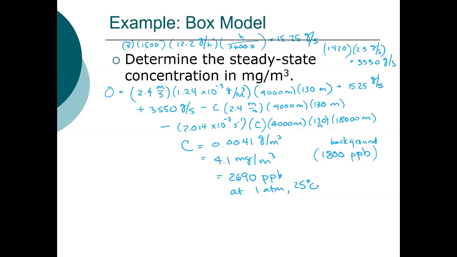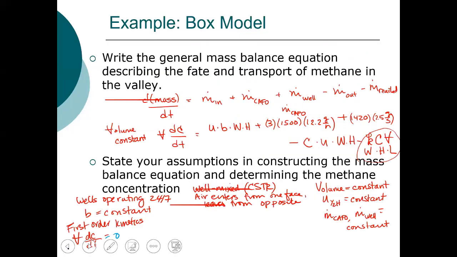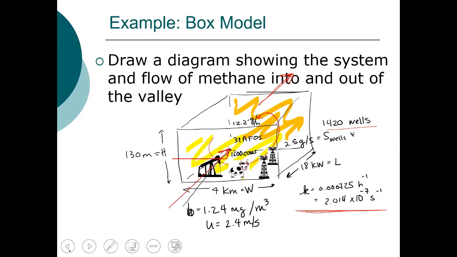Could you touch back on the mass balance part of like the volume being constant? Yes. Okay, so let's just go back here. So this is our box model. We are assuming that we have an inversion layer, and we're going to assume that that inversion layer is constant over the time that we're looking at.